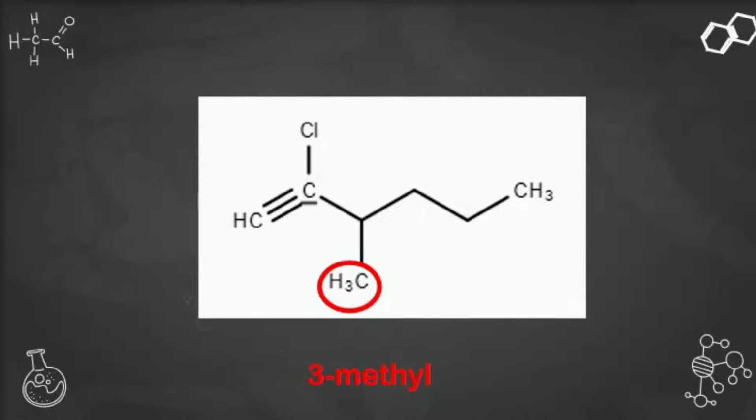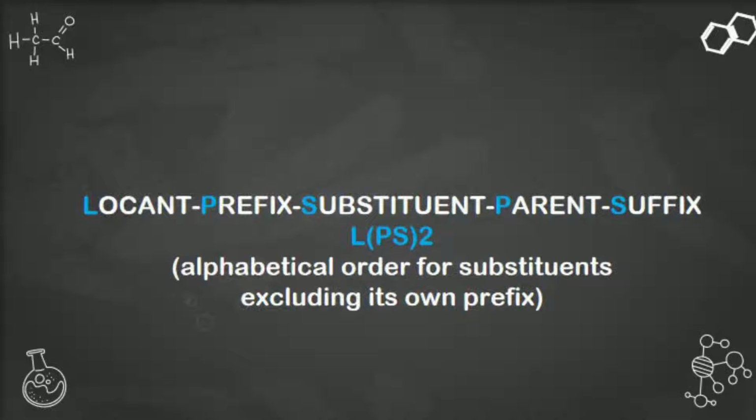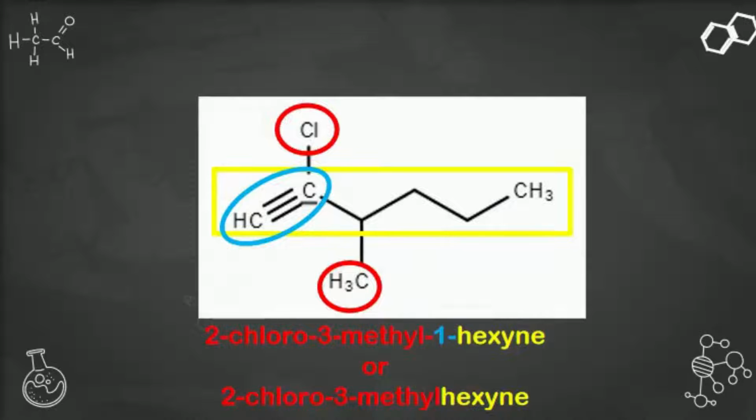The substituent is methyl. Let us now combine the parent name and the substituents with their locants. First we have the locant, then if a prefix is available we add it, and then the substituent, and the parent and suffix. We have here 2-chloro-3-methyl-1-hexyne or 2-chloro-3-methylhexyne.